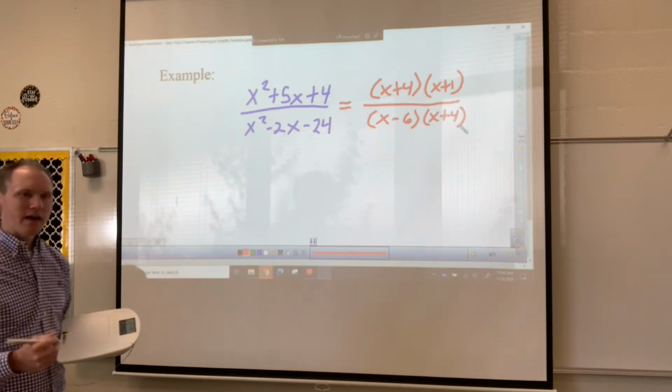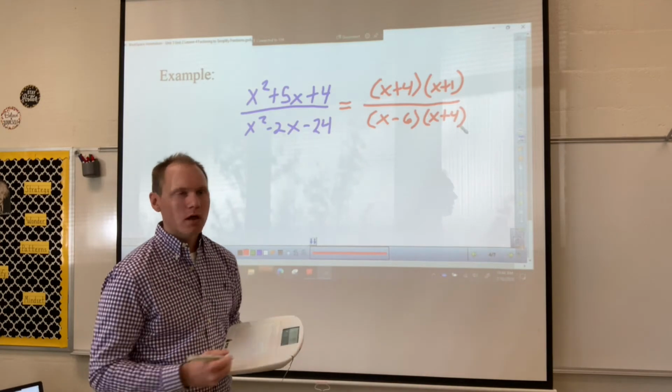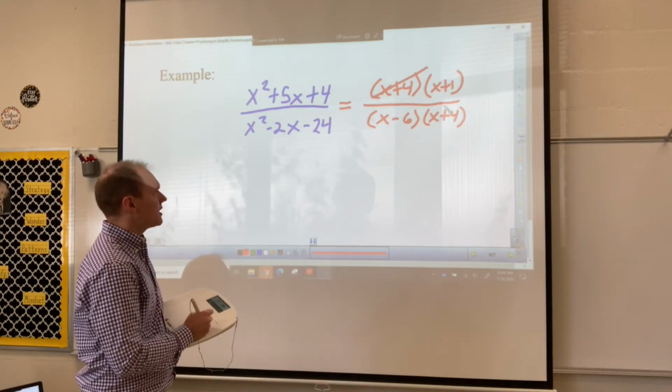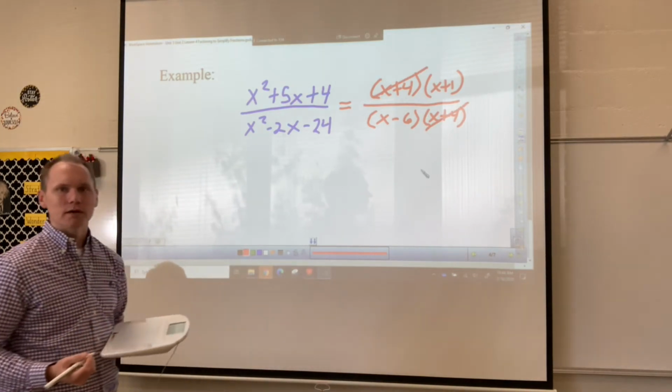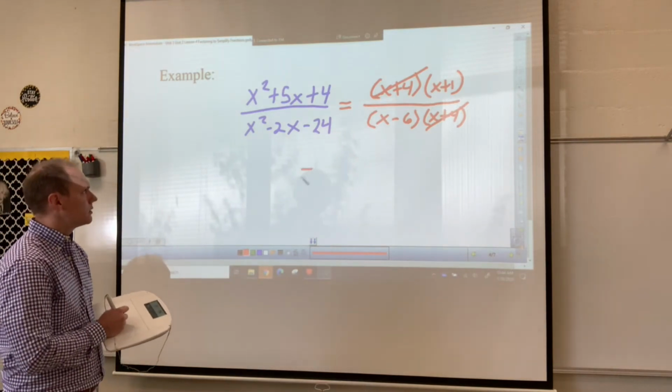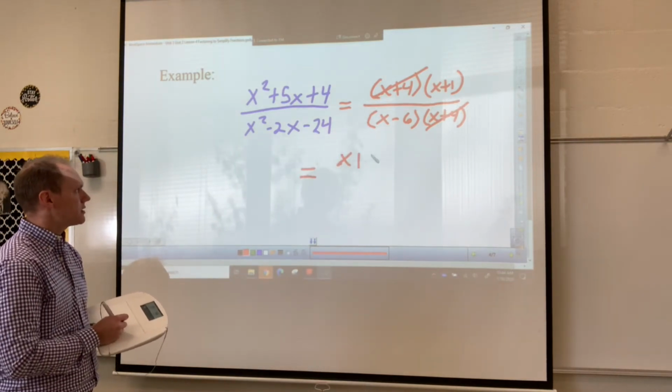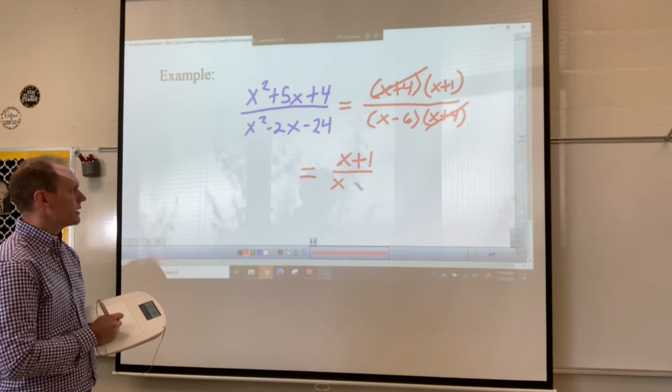So we have a common factor here of x plus 4. x plus 4 divided by x plus 4 is 1, leaving us with a final simplified version of x plus 1 divided by x minus 6.